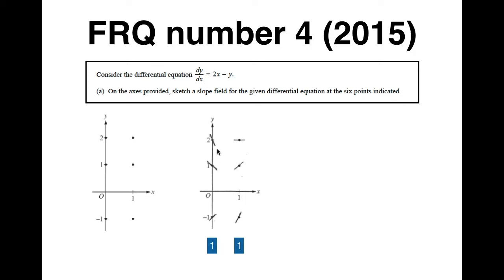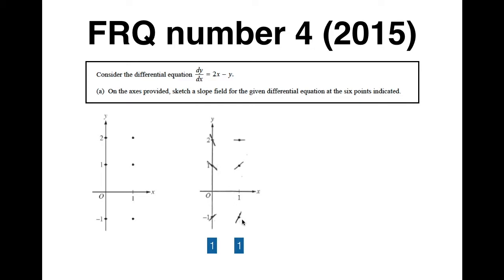At the point (0, 2), the slope dy/dx is 2 times the x value minus the y value, so 0 minus 2, which is -2. This slope is -1, this slope is -2. They check that the slope here is steeper than the slope there.